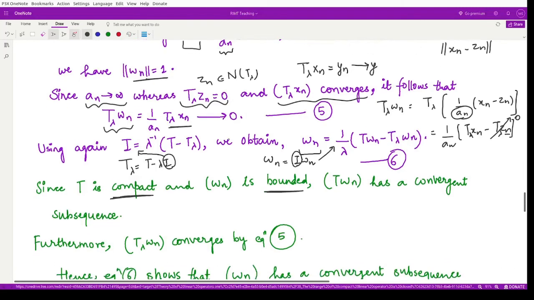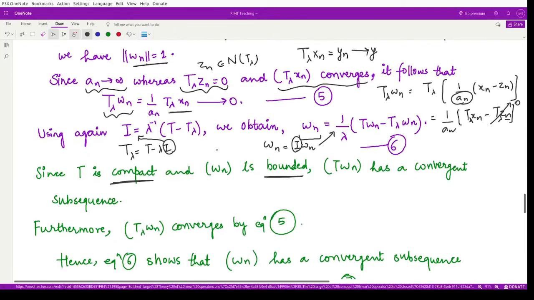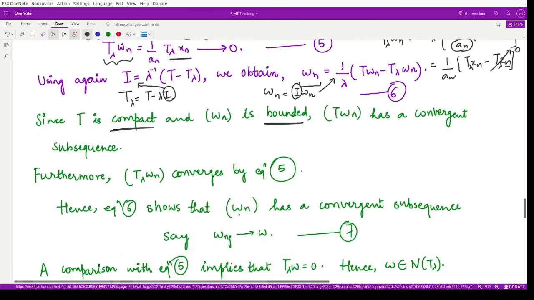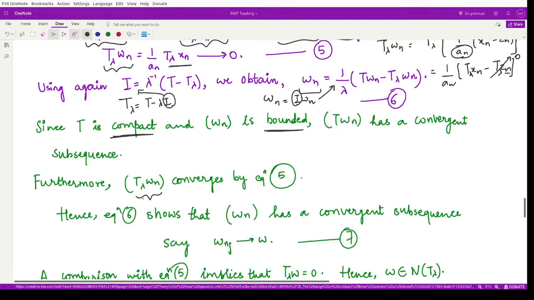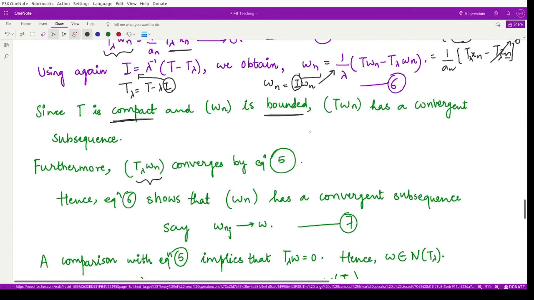So equation 6 shows here that the sequence wn has a convergent subsequence. Why? Because T lambda of wn converges using equation number 5, and wn is bounded, so T of wn would have a convergent subsequence.